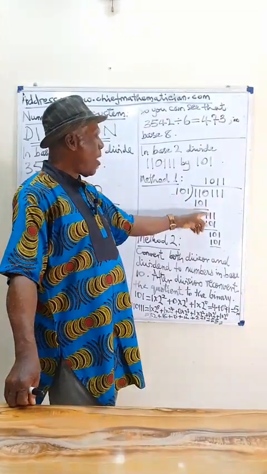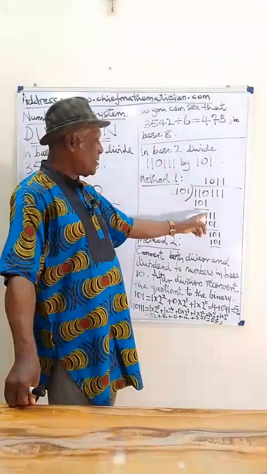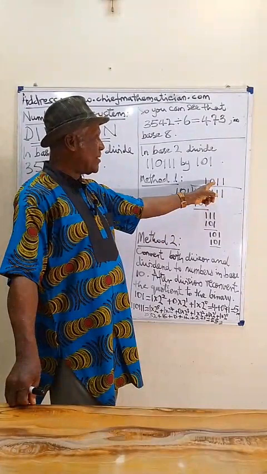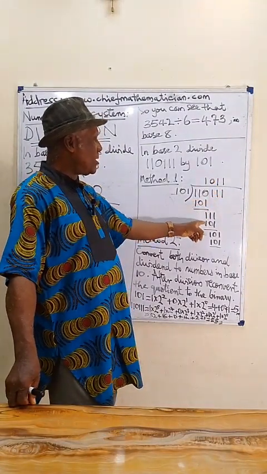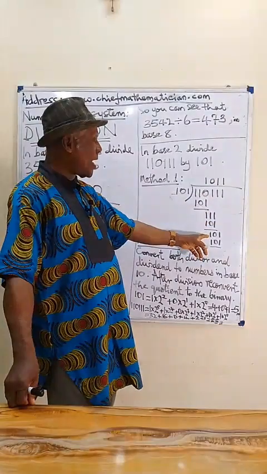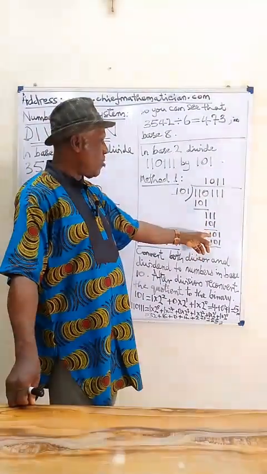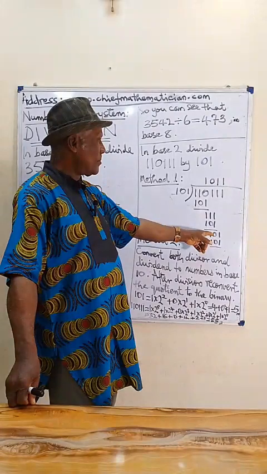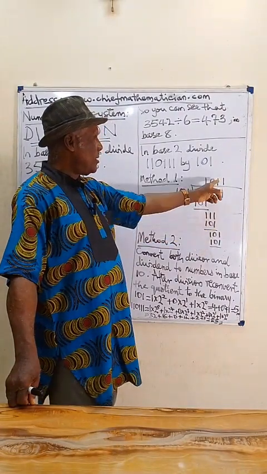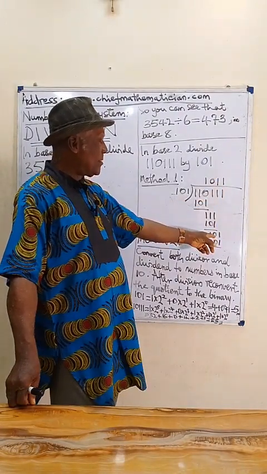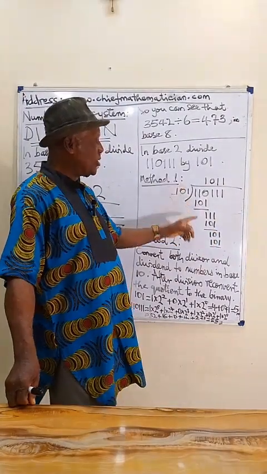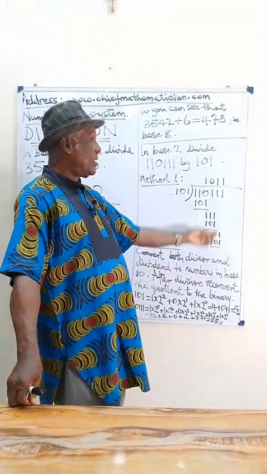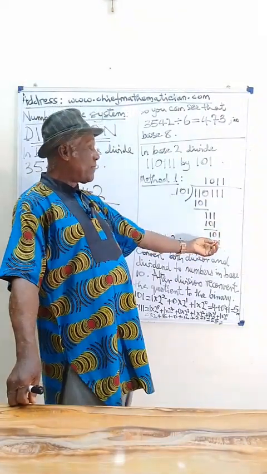It now becomes 111. 101 into 111, of course, gives you 1. You can see that 1 there, and that is 101. If you subtract, you will get 10. Then you go up and bring down the other 1. Now, 101 into 101, of course, is 1.